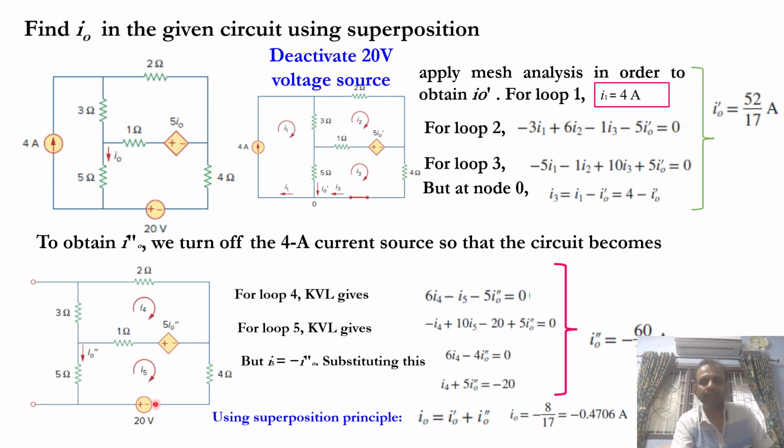Loop 5 again. Three currents, I0, I5 and I4. So I have written the equation. Minus I4, 10 I3.